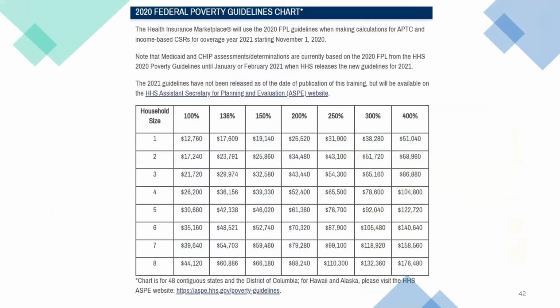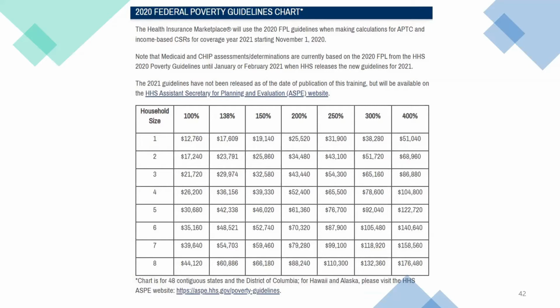Okay, so let me go over here real quick. There's a chart that you can find on the CMS site. It's probably also on healthcare.gov that will show you the income levels for subsidies based on household size. So this is a very useful tool. Anything under the left column has income that's too low to get a subsidy, and anything over the right column has income too high to get a subsidy.